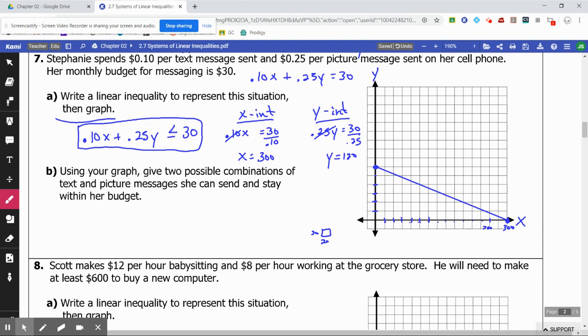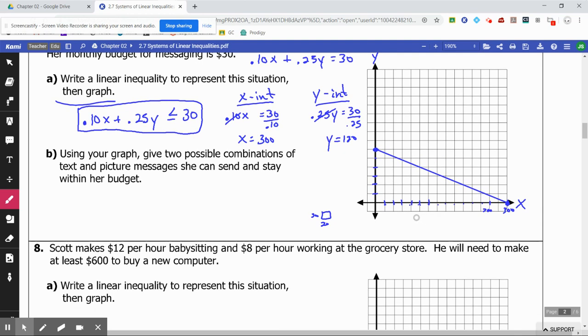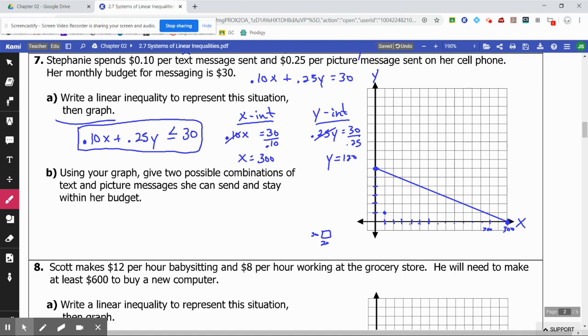Now we say on part B, using the graph, well, we never shaded. So we've got to figure out, do I shade above or do I shade below? Now this one, since it's not in slope intercept form, I want to show you another way to figure out which way to shade. You can actually pick a point. You can pick the point (1, 1). And you could ask yourself, is (1, 1) a solution to this inequality?